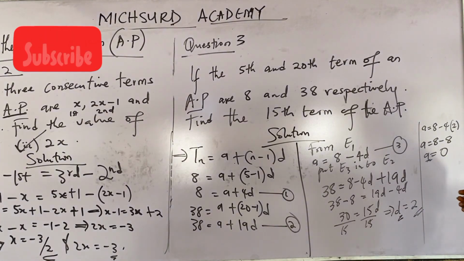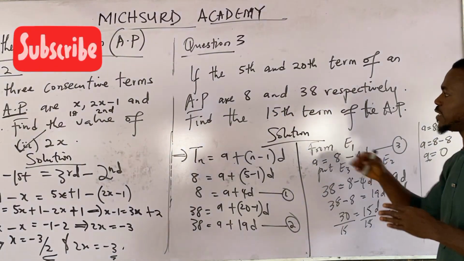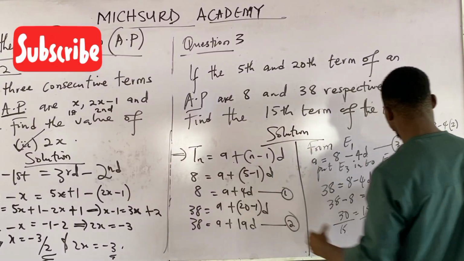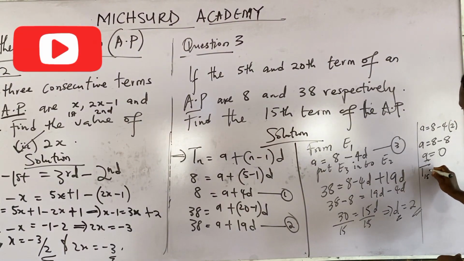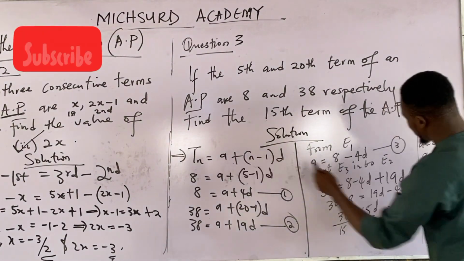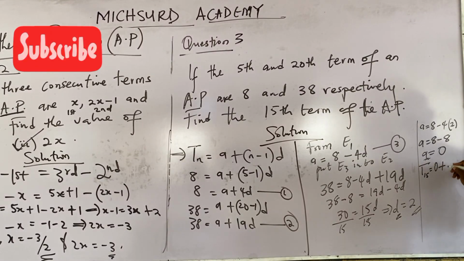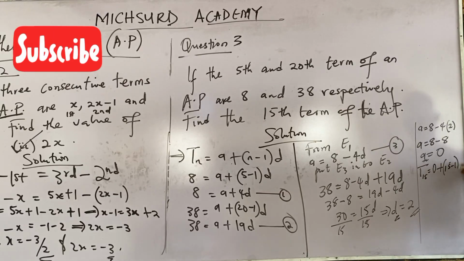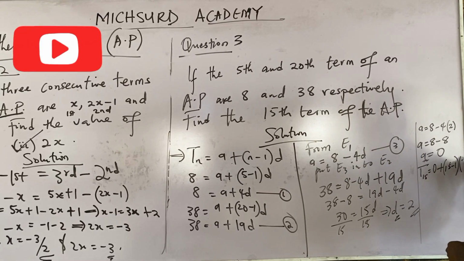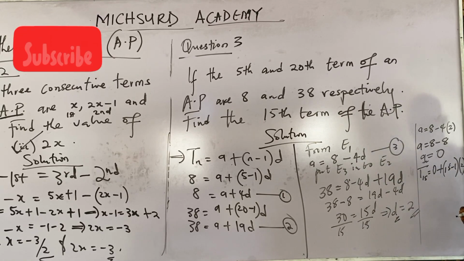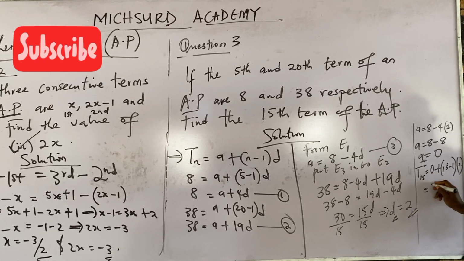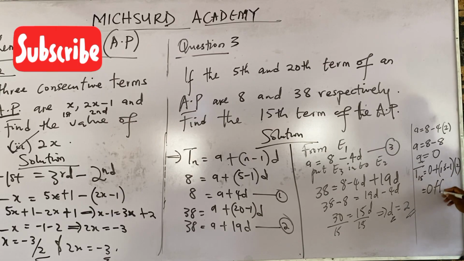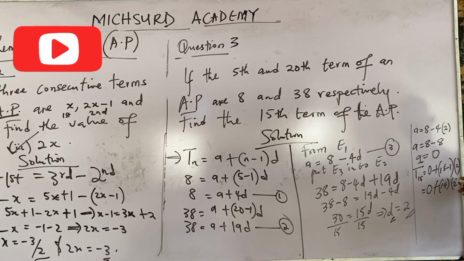From the question, we are asked to find the 15th term of the AP. So I can get the 15th term of the AP from here. The 15th term of the AP will be equal to the first term, which is 0, plus, now our nth term is 15, so we have 15 minus 1 times the common difference, which is 2. 15 minus 1 is equal to 14, so times 2.